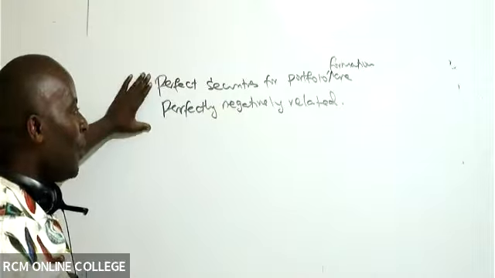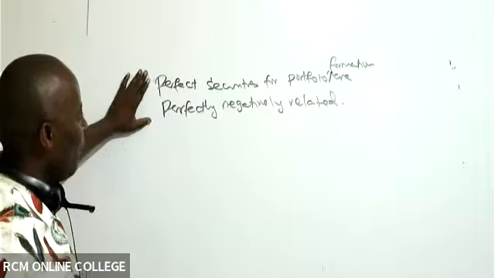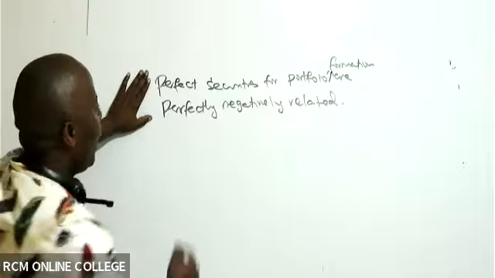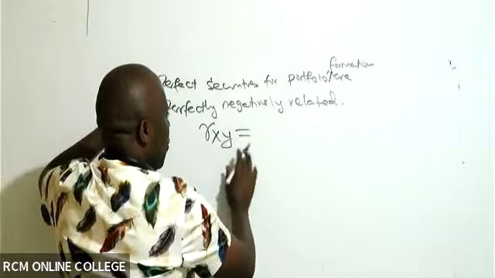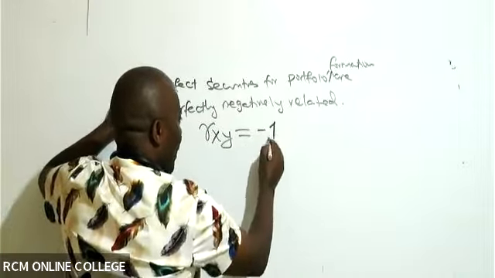So whenever you want to form a portfolio, you should look at it this way: your R between X and Y, if possible, should be -1.